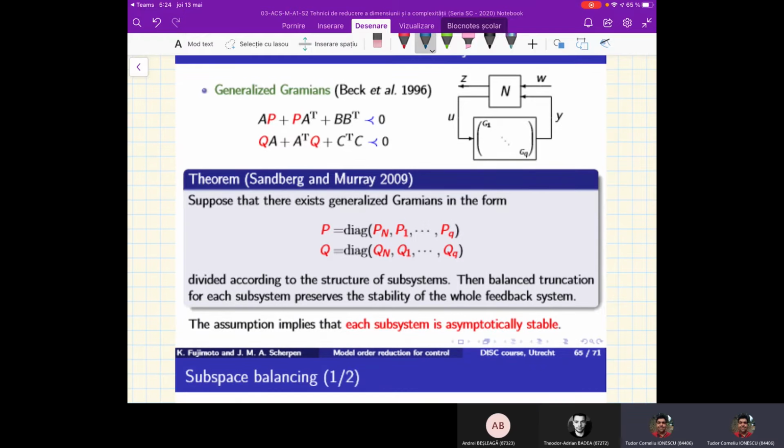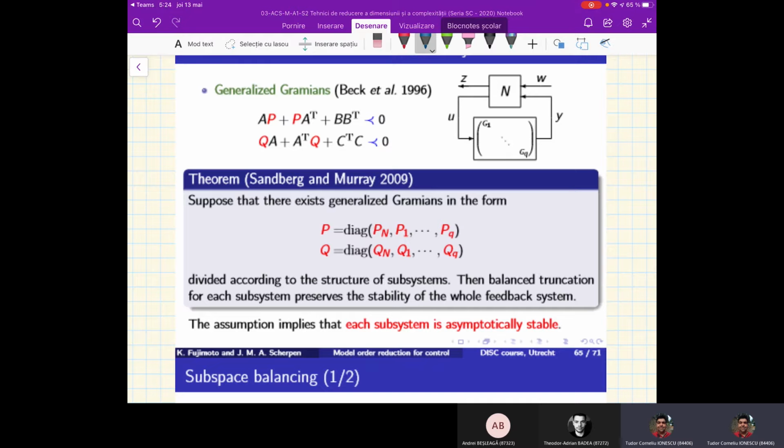Suppose that there exist generalized Gramians in this form, divided according to the subsystems, to the structure or to the graph of the system. Then balanced truncation for each subsystem preserves the stability of the whole feedback system. This is a very strong result.